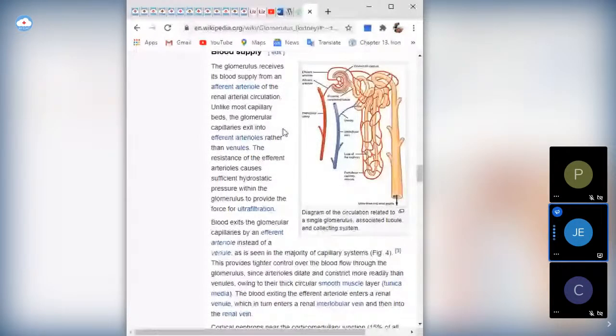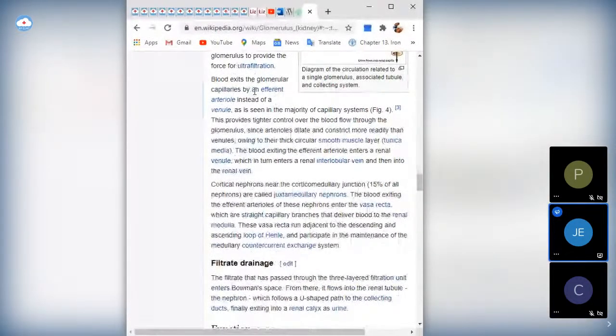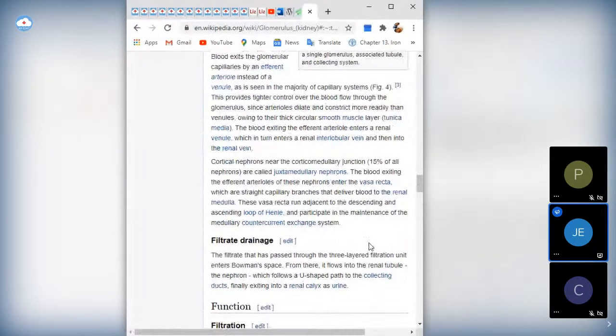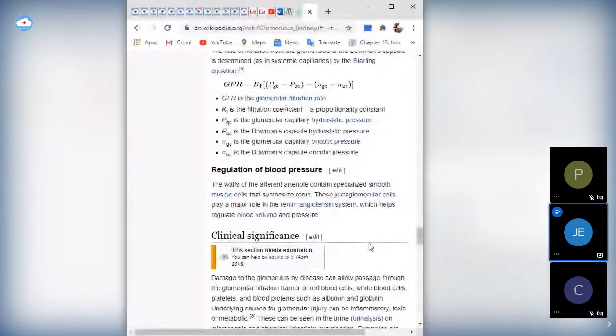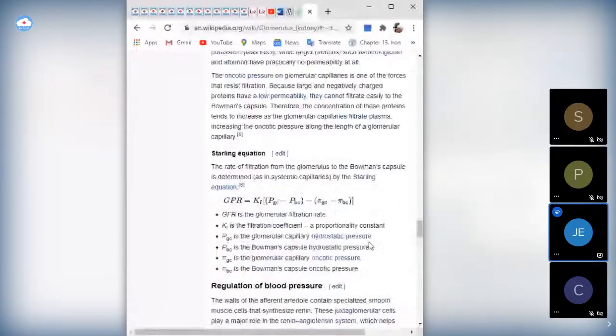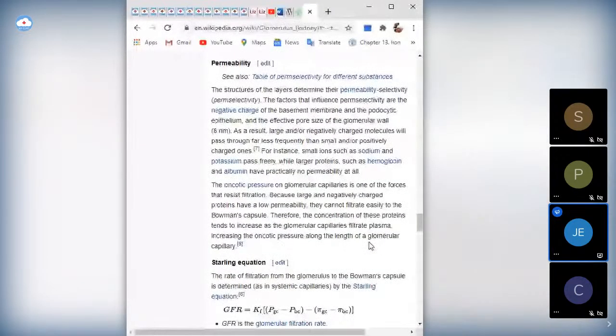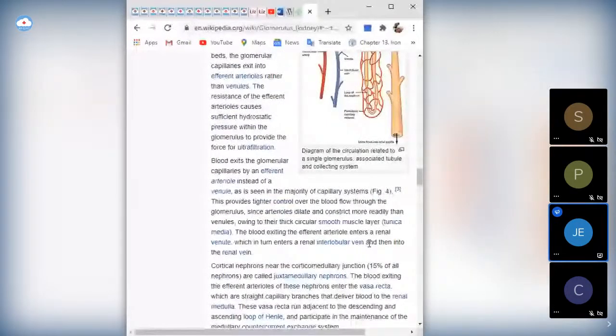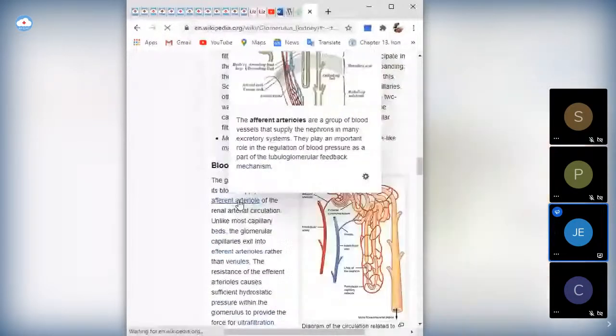Blood exits the glomerular capillaries by an efferent arteriole instead of a venule.